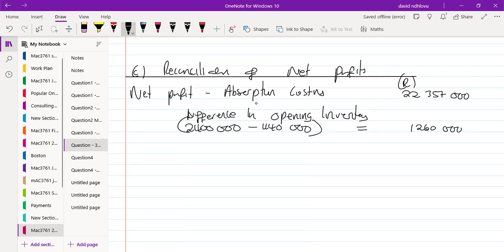So we added 1,260 more in absorption costing than in variable costing, thereby reducing our net profit in absorption costing by 1,260 compared to variable costing. Therefore, if we want to get the same figure as in variable costing, we need to add this figure here. So we add. Any question on that, people? Are we understanding it?